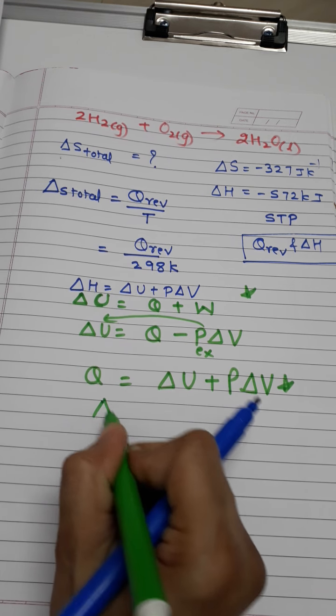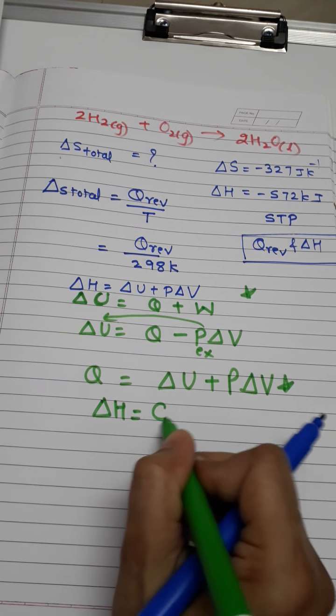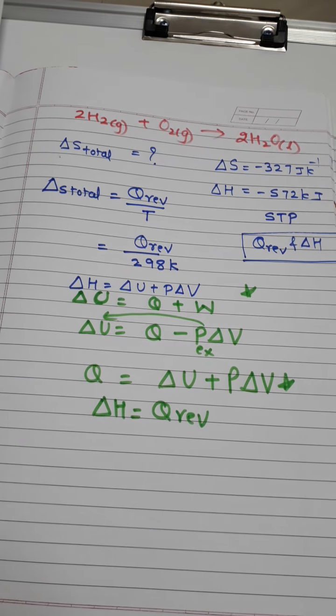Hence we write that delta H is equal to Q reversible.